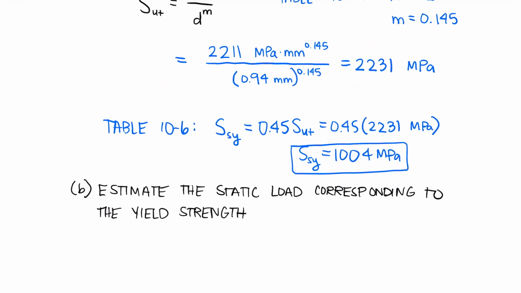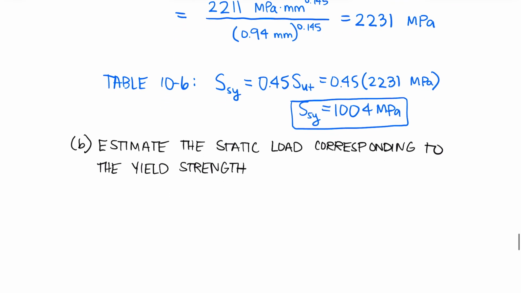Okay, so then part B, we need to estimate the static load corresponding to the yield strength. Okay, so now we're going to need to find the mean coil diameter. So our mean coil diameter is equal to our outer diameter minus the wire diameter.